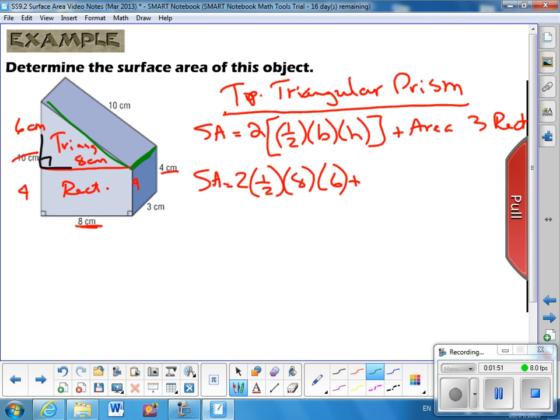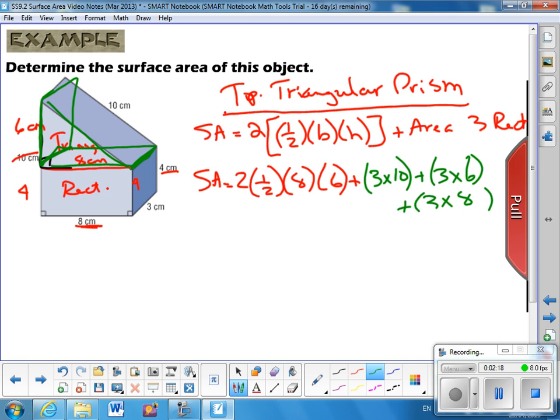So it's going to be 3 by 10 in this case. And then it's going to be 3 by 6, because its width is 3 by 6 up, plus 3 by 8, because it's going to be on the bottom here, 3 by 8.